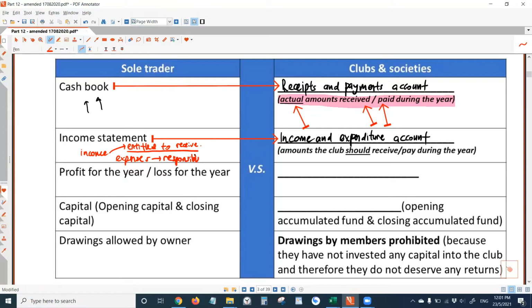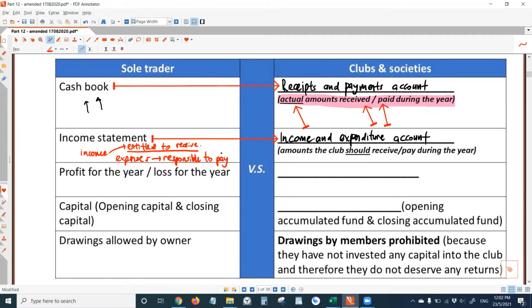Nowadays I use these two terms instead of just the words should amount. So the should amount, the amount that you should receive for an income, the amount that you should pay for an expense, is what you should show. Always find the should amount and put it into the income statement. You do the same with the income and expenditure account here.